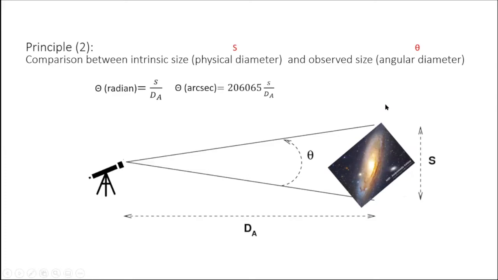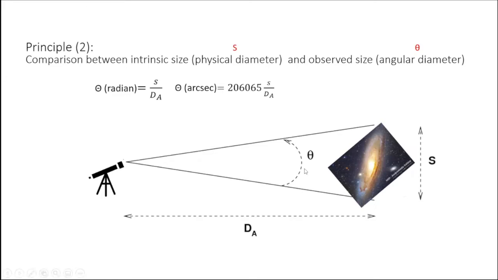The second principle is the comparison between an intrinsic size, which is, for example, the physical diameter of this galaxy. There's a nice Andromeda picture taken by our observatory staff, by the way. And that is compared to the angular diameter, which is the angular extension that this object makes as seen by this observer. That is measured in radians, so 2 pi radians over the circle.